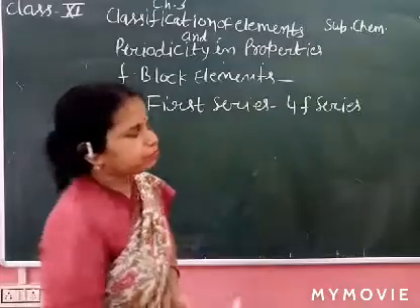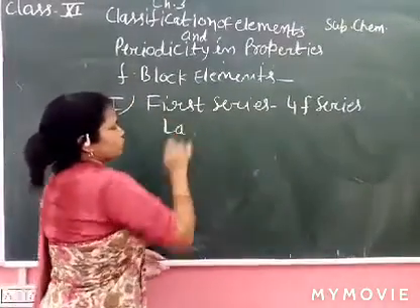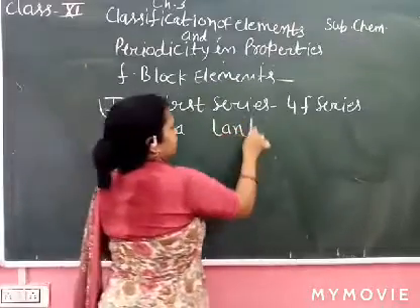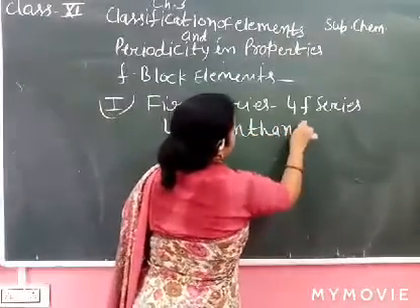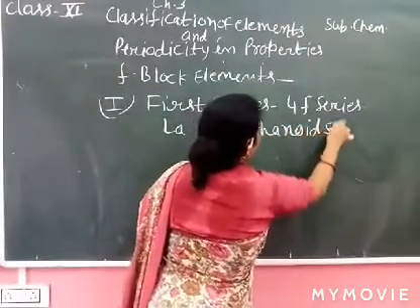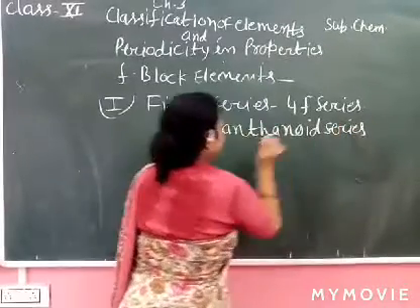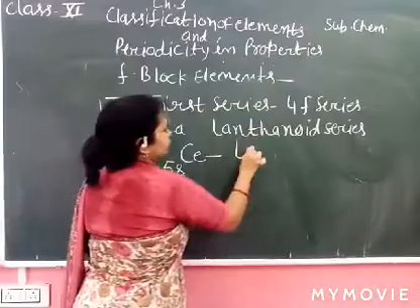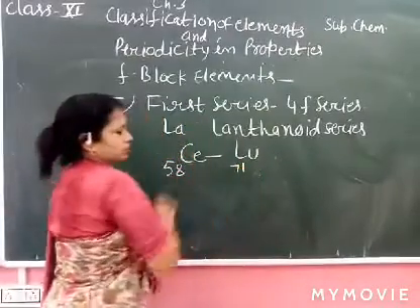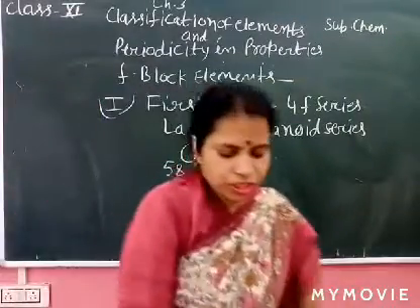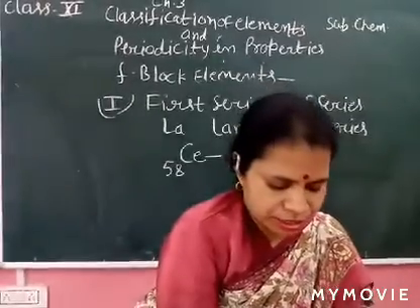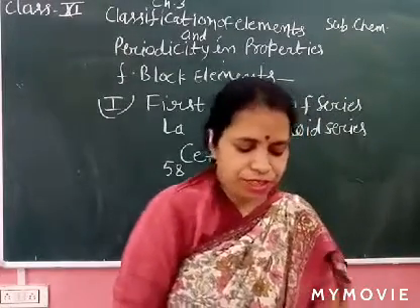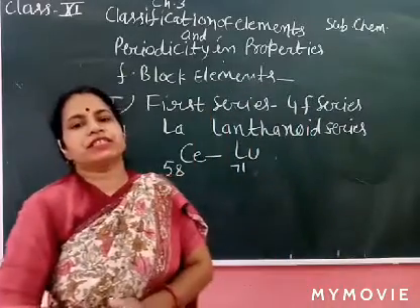Lanthanum is the prototype, so these are called the lanthanoid series, and it contains cerium 58 to lutetium 71. These are also called the rare earth elements.